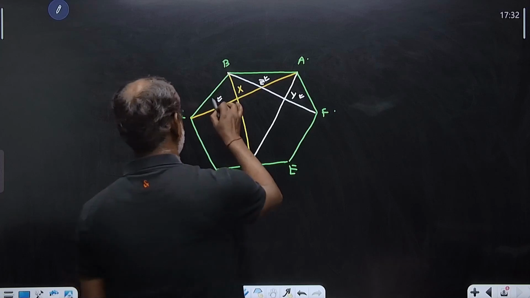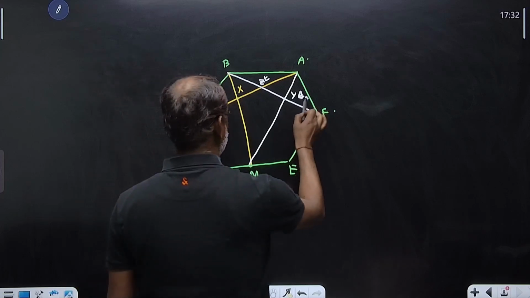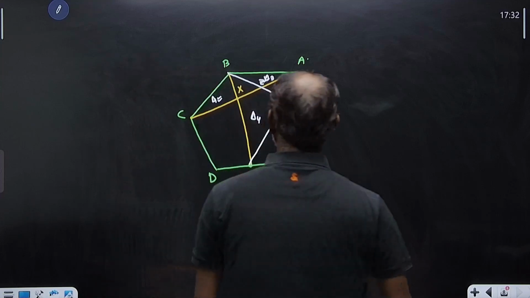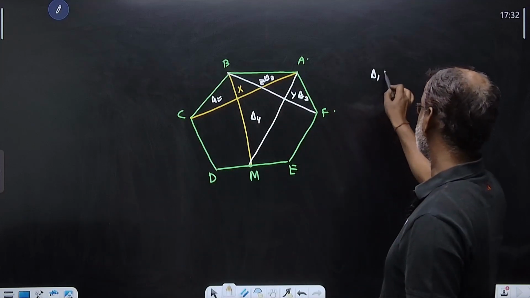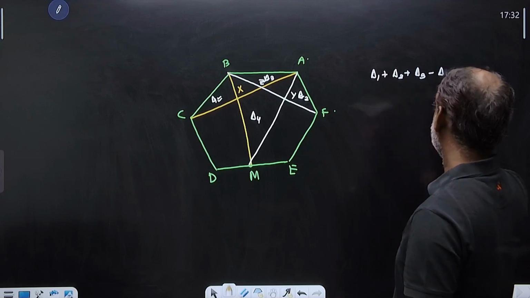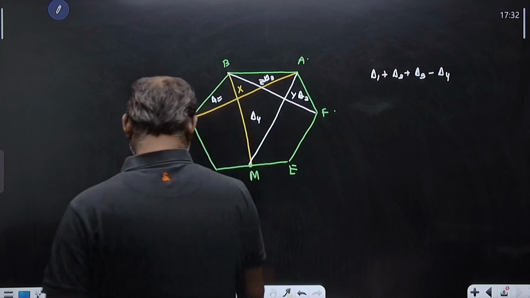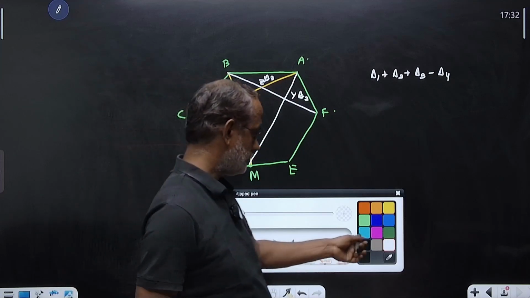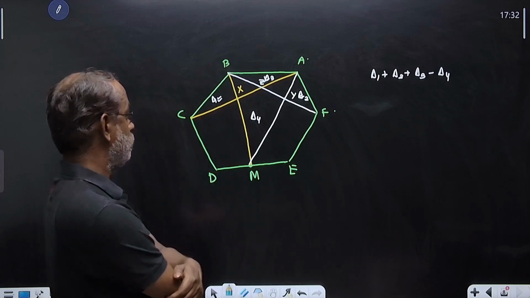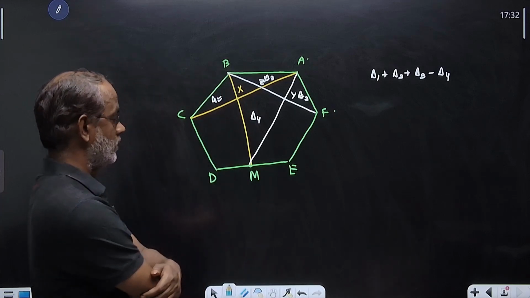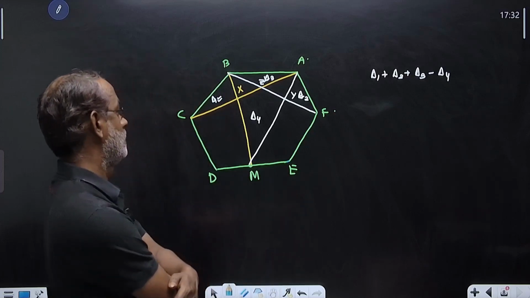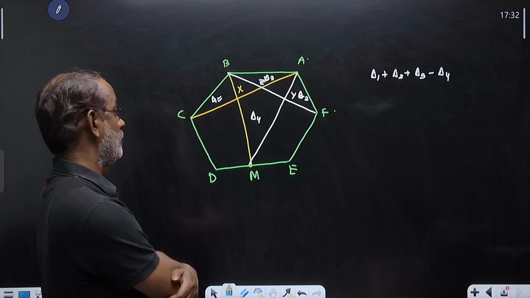So this is delta 1, delta 2, delta 3, delta 4. So what we have to find? Delta 1 plus delta 2 plus delta 3 minus delta 4. Now look at it carefully.